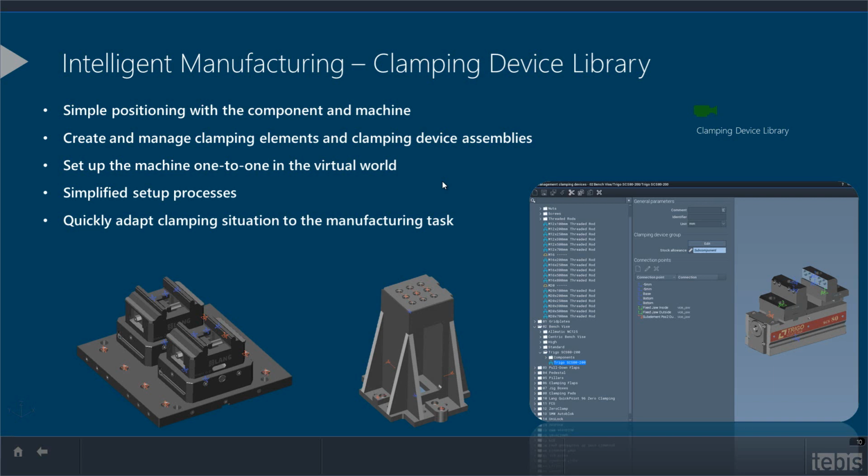And we can manage these elements with a very powerful library in Tebis, to position the part on the machine, or the clamp on the machine, position the part within the clamp, and collision check it with the jaws in its open or closed positions, simplifying your machine setup processes. And we're going to have a look at that in the demonstration following shortly.